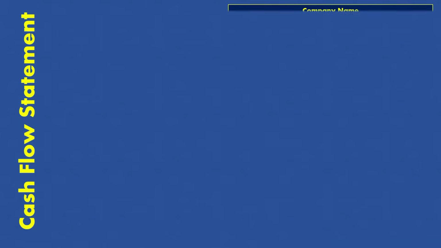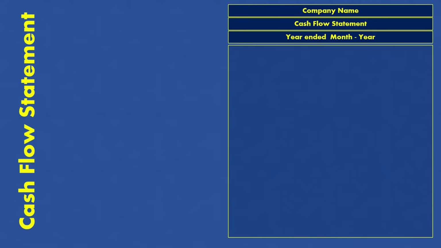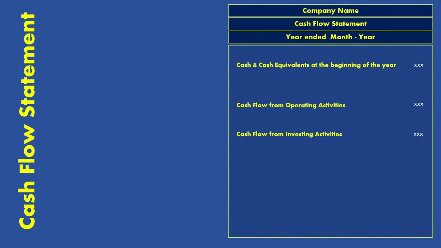Let us take a look. So again, let us begin with the same format. On the top we have the company name, then the report title, and then the period for which it is being prepared. And this report will begin by mentioning cash and cash equivalents at the beginning of the year, and then we will show all the changes from operating activities, and then all the changes from investing activities, and then all the changes from financing activities, all the inflows and outflows, of course line by line.